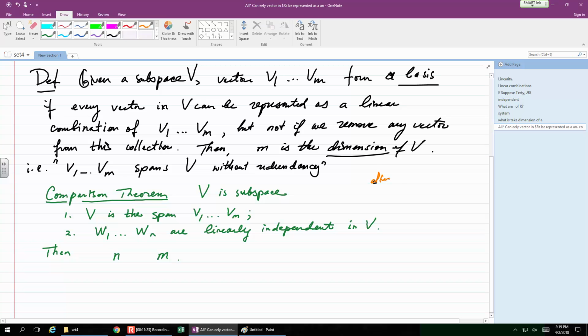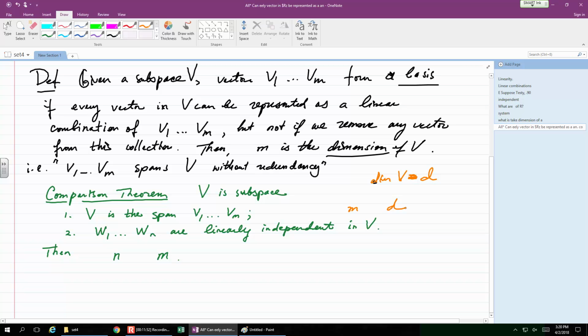Suppose the dimension of V is, say, D. Dimension of V is D. If we look at the number 1 statement, compare D and M. So V is spanned by m vectors. What does it tell you about the dimension?